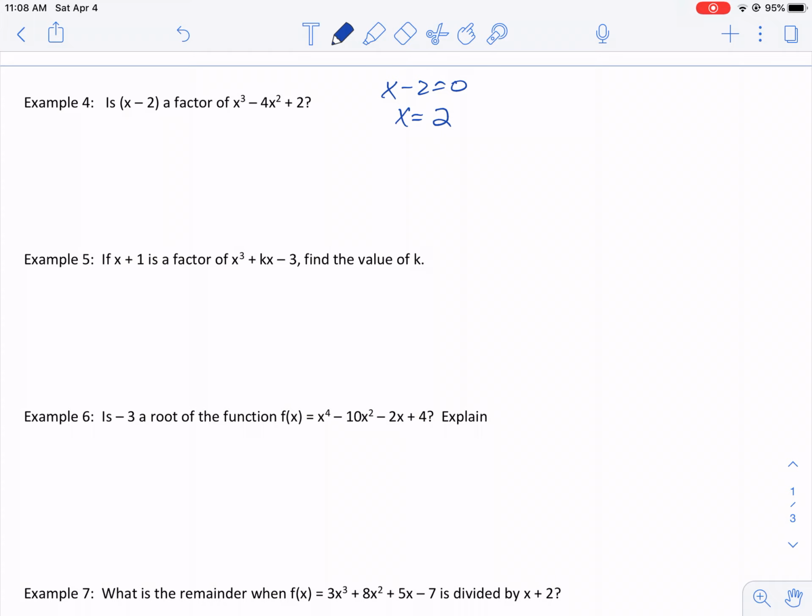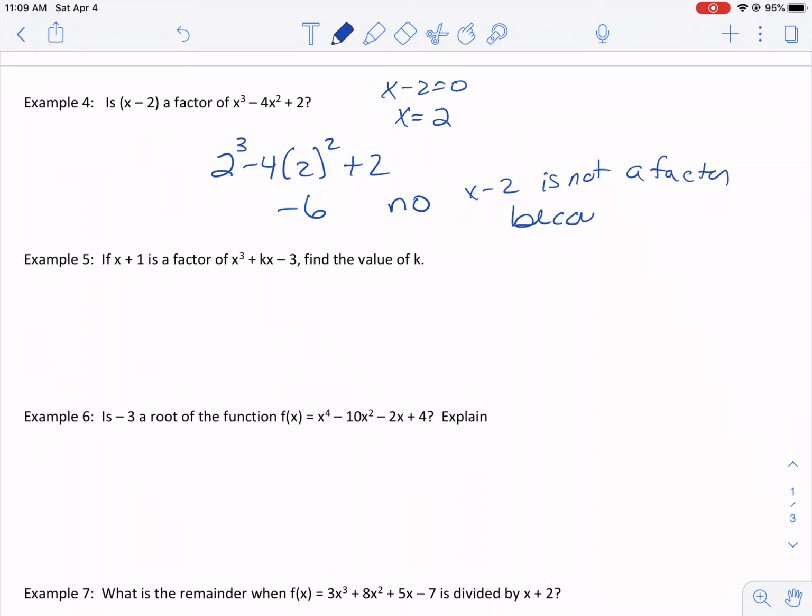So take that hypothesized root, plug it into your polynomial, and see if you get a 0. Well, I'm getting a negative 6. So the answer is no. X minus 2 is not a factor.